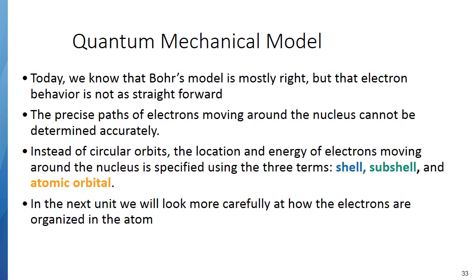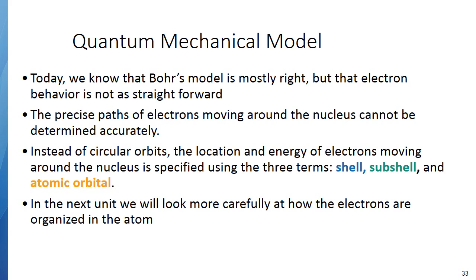Electrons are not quite as straightforward. They don't circle a nucleus the way it looks like. A precise path of an electron can't really be determined accurately. We know it can change speeds and change direction, so instead of circular orbits, what we have is something called an atomic orbital. That says where an electron can be, and we're going to look at that more in Unit 4.